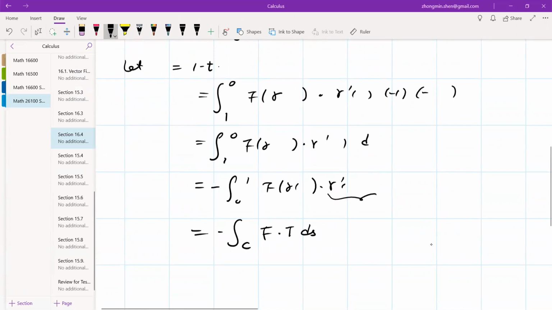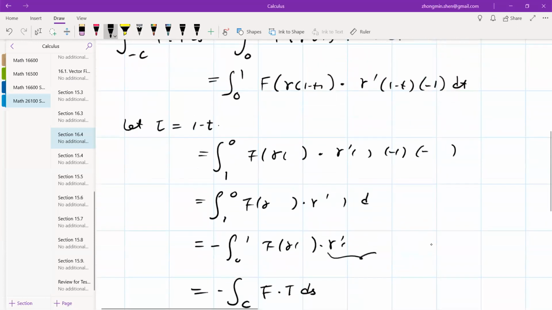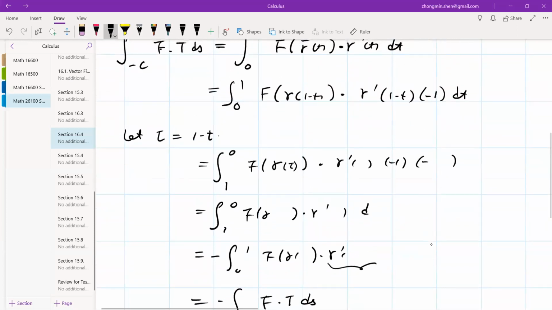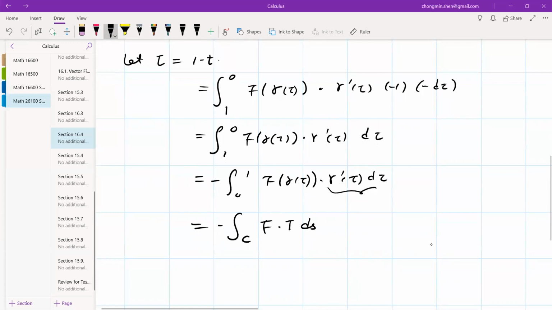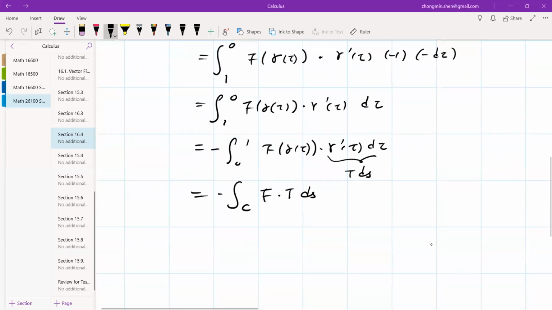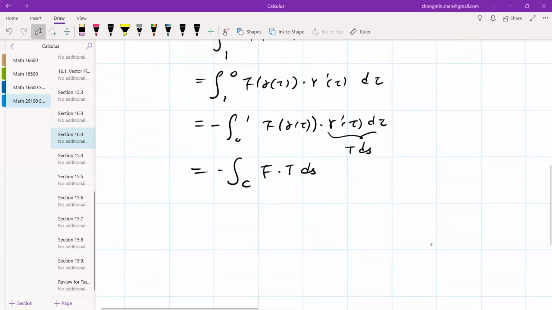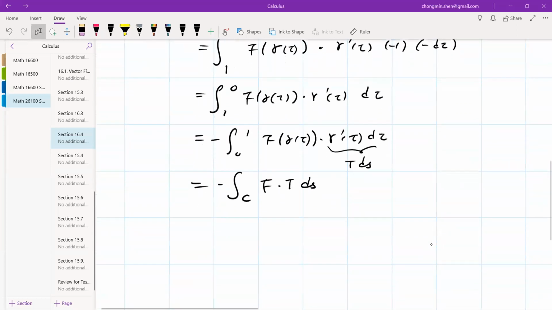So let's use tau, and it's going to be tau and d tau. This will be T ds. Then I'm not going to confuse the letters. ds usually means the arc length of the curve. Okay, so we got this.